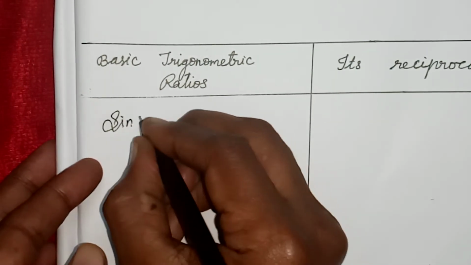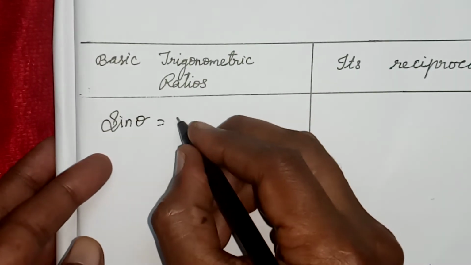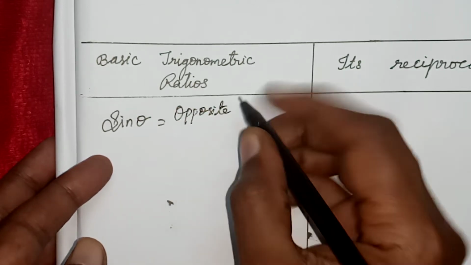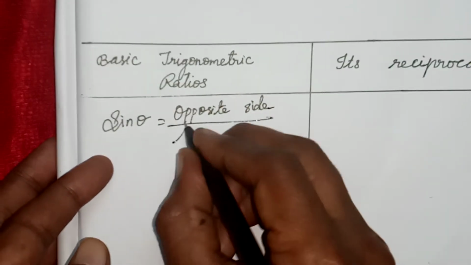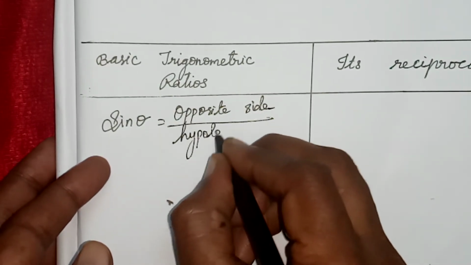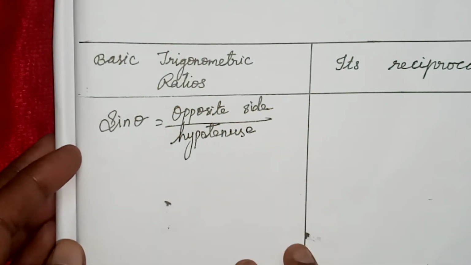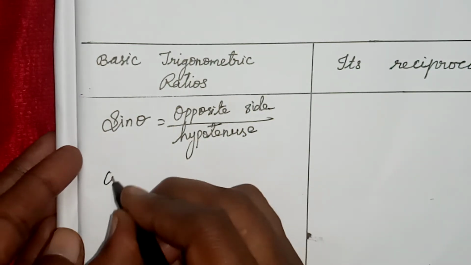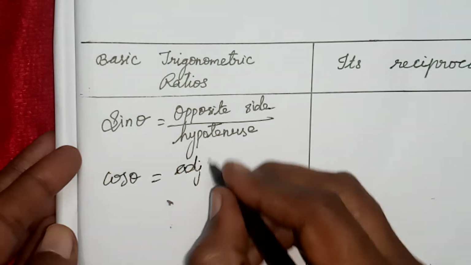Sin theta is equal to opposite side by hypotenuse. Next, cos theta is equal to adjacent side by hypotenuse.